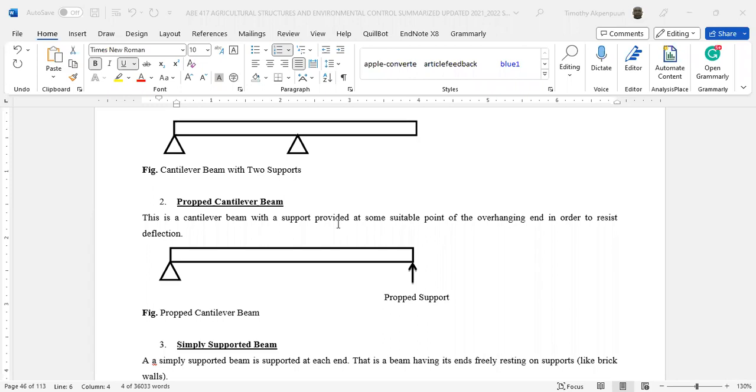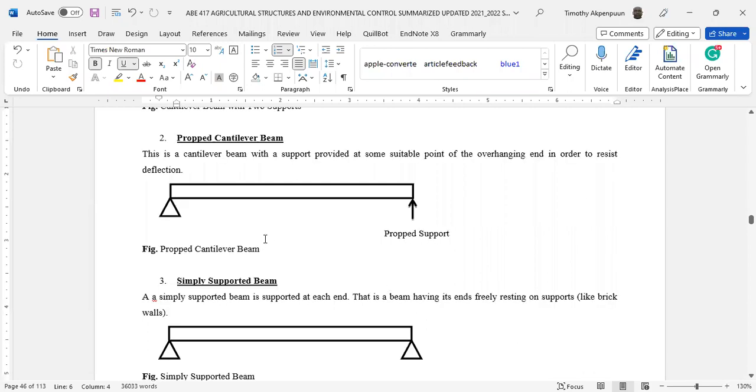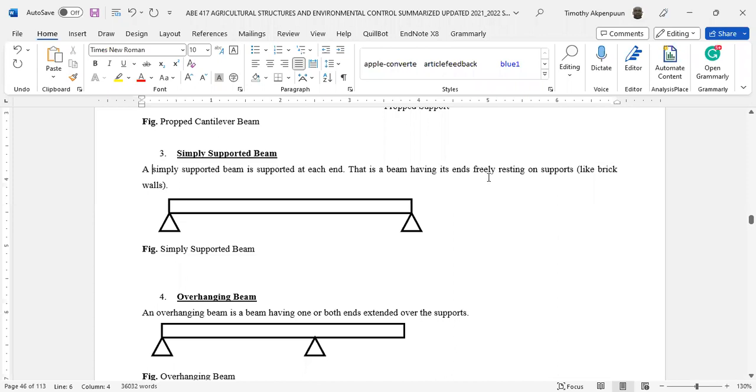All right, let's go. These are the classifications of beams. You should be able to name, sketch, and define. A simply supported beam is supported at each end, that is, a beam having its end freely resting on supports, like brick walls.